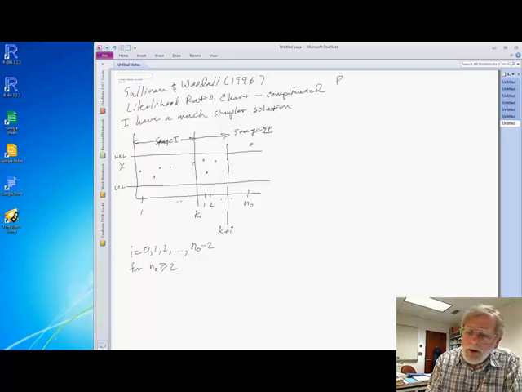So partition into 2 groups, and compute the sample variance in each group.